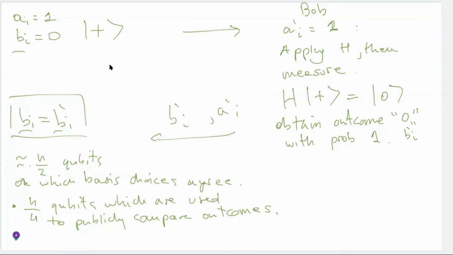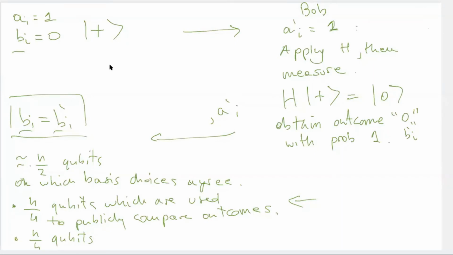And then there are the remaining n/4 qubits for which the basis choice was announced, but not the outcomes. So these b_i are never sent. Only the n/4 b' that are used to compare are sent over.